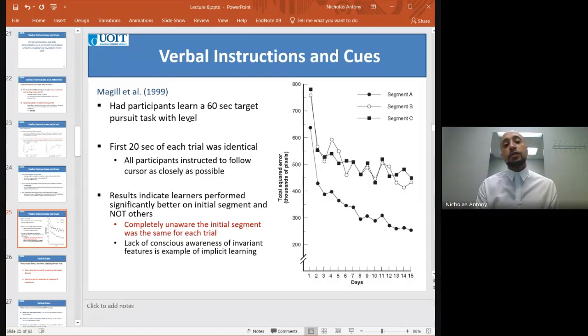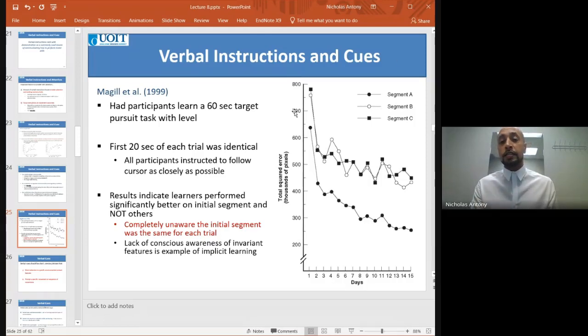So they had participants doing this 60-second target pursuit task with a mouse and cursor. Each 60-second block for the participants was 3 segments of 20 seconds. For each participant, the initial segment was the same, but the participants weren't told that.